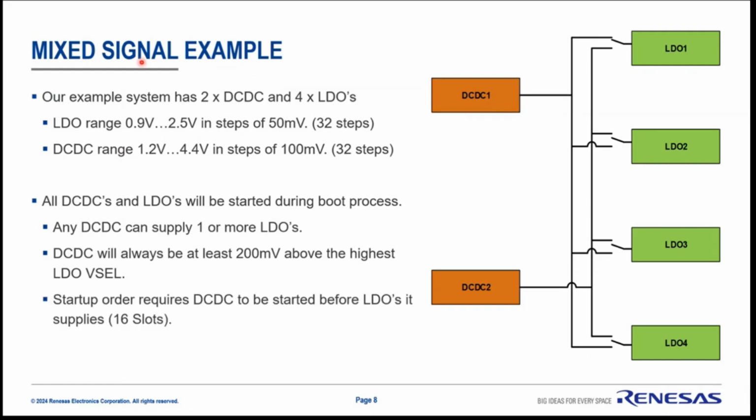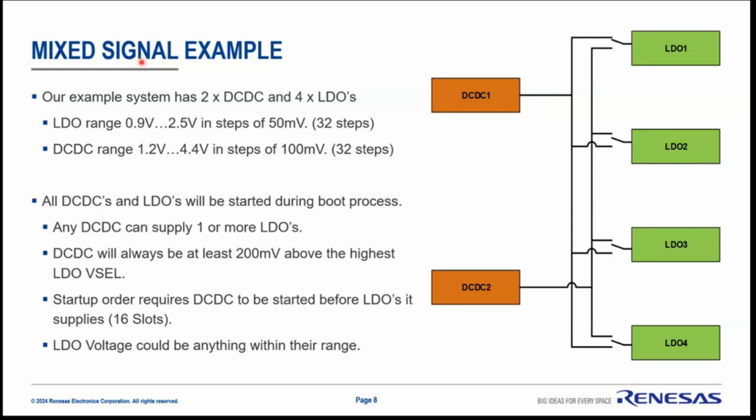There is a constraint that each DC-DC converter always has to have at least 200 millivolts headroom above the highest LDO setting. Also, the startup order requires the DC-DC converter to start before the LDO regulator it is supplying. And the LDO voltage could be anything within range. So quite a simple system.